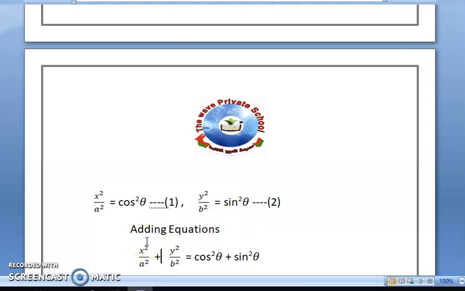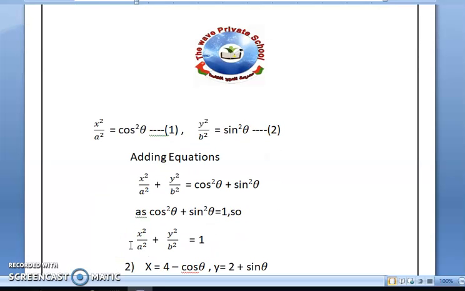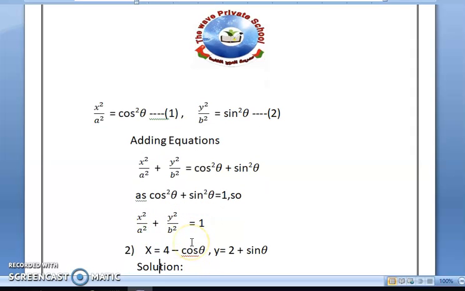Choosing both equations, we add the left hand sides and right hand sides. x square over a square plus y square over b square equals cos square theta plus sin square theta. As we know very well, cos square theta plus sin square theta is equal to 1. So x square over a square plus y square over b square is equal to 1.